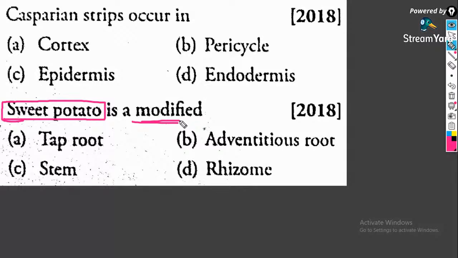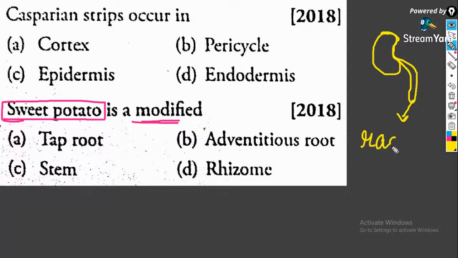The root generally develops from the... You have to understand that. Suppose we are taking a bean seed. You will have a small outgrowth like this, and this outgrowth you will call the radical.